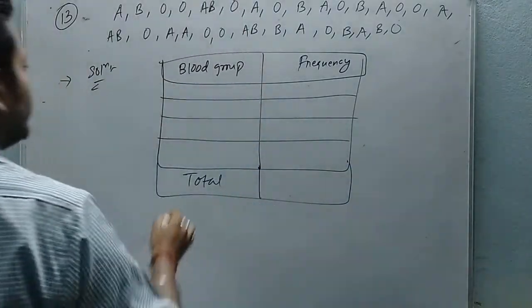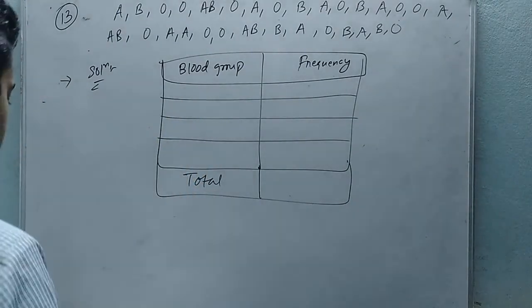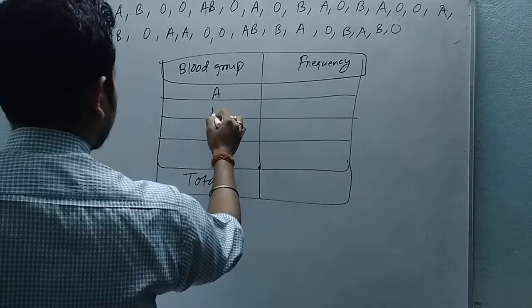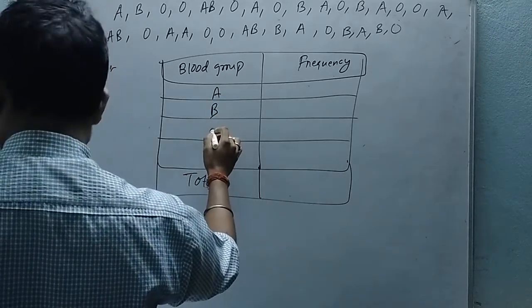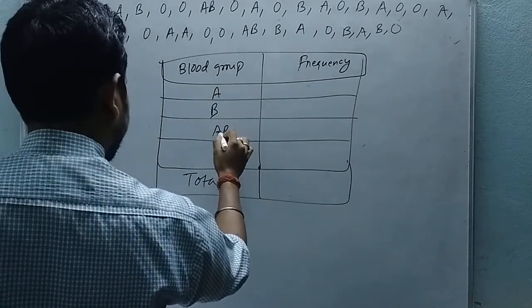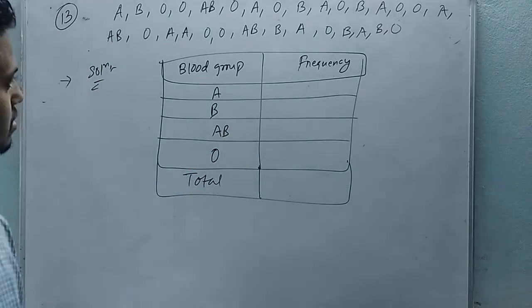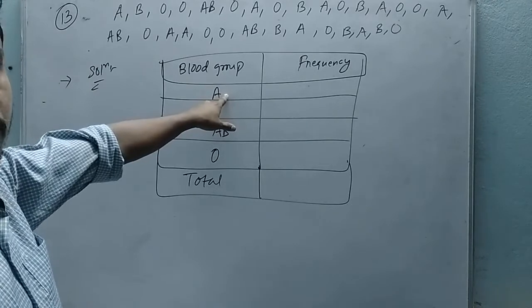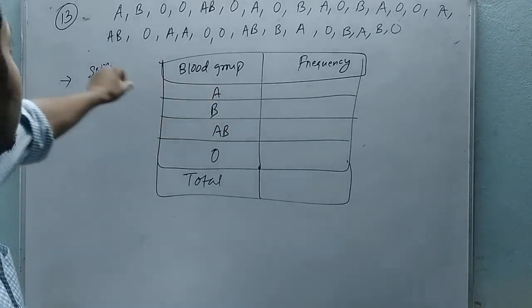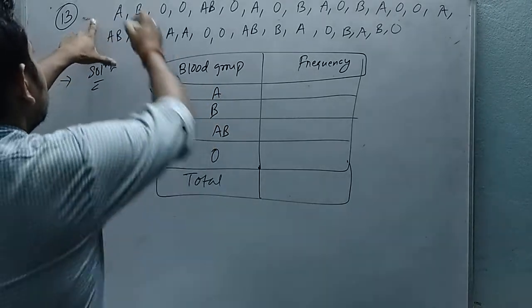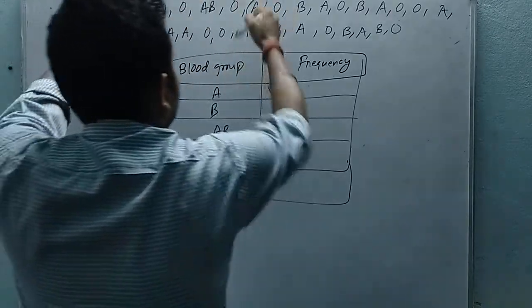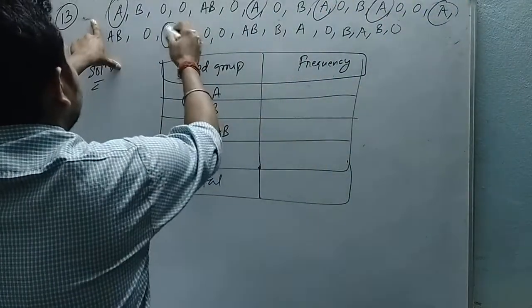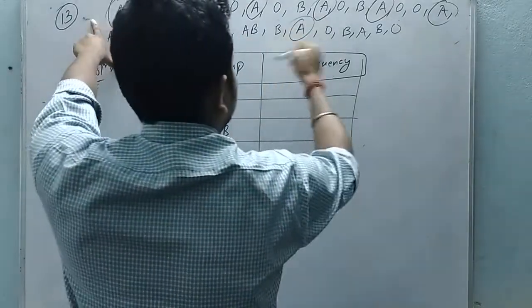We have four blood groups: A, B, AB, and O. Now please check how many blood group A samples there are: 1, 2, 3, 4, 5, 6, 7, 8, 9.